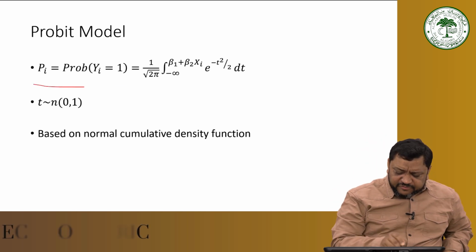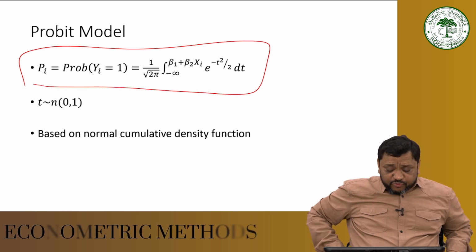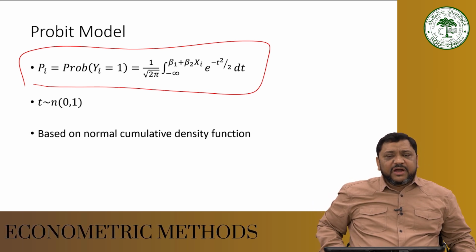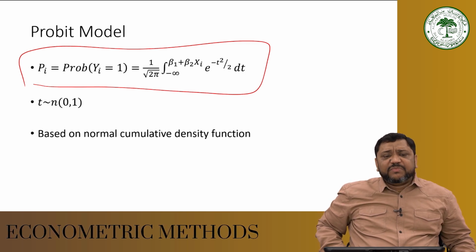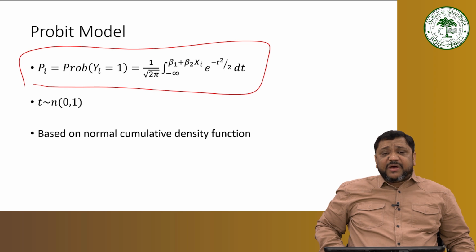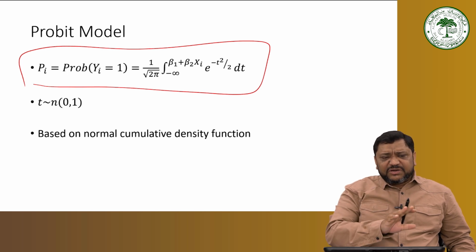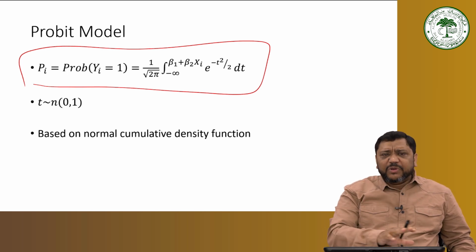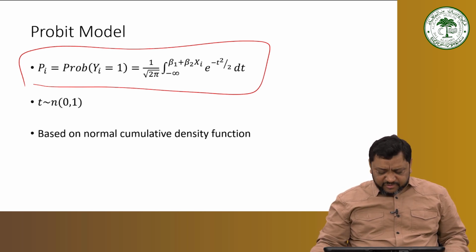The function of the probit model is written as probability y is equal to 1 is equal to 1 divided by the square root of 2 pi, integrated from minus infinity to beta 1 plus beta 2 xi of e raised to the power minus t square divided by 2, multiplied by dt. Basically this function is based on the normal cumulative density function, and your t is your standardized normal variable.